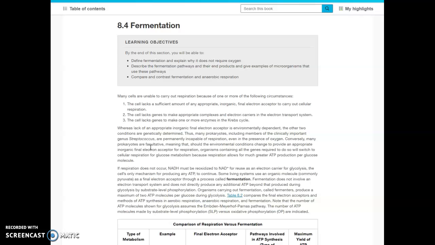So if there's not a final electron acceptor, or if the organism doesn't have the genes, they don't have the DNA to make those enzymes or carrier molecules that they need in the electron transport chain or in the Krebs cycle, then they may switch over to this fermentation pathway.